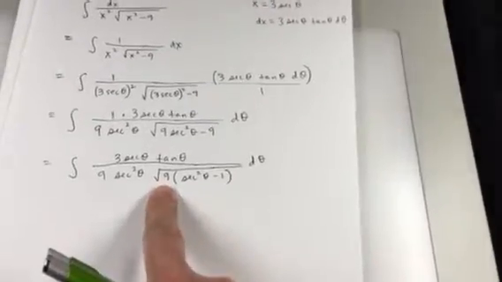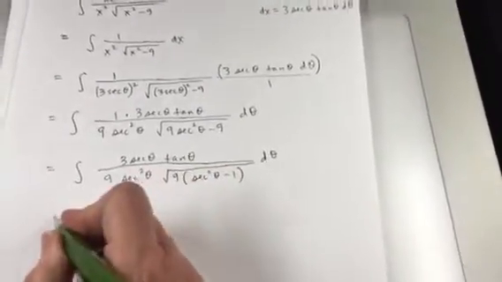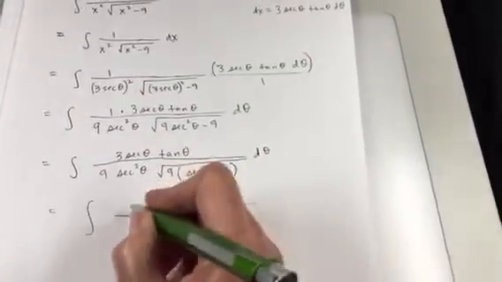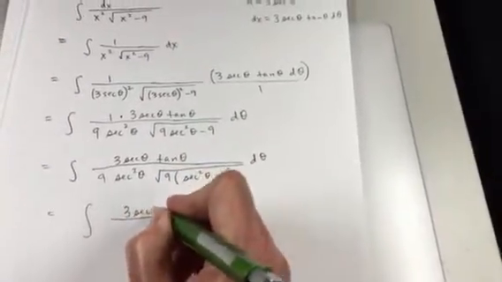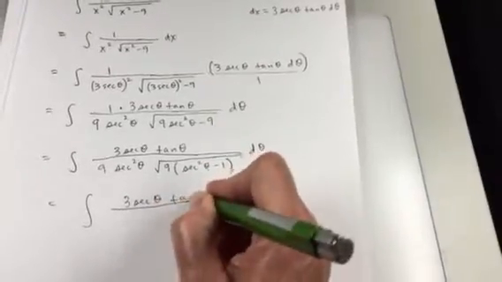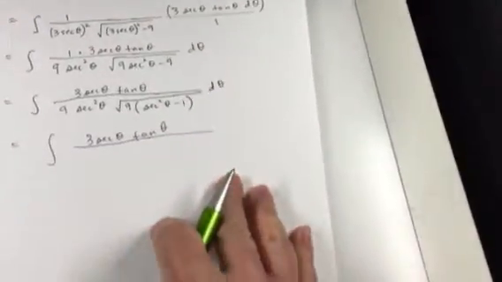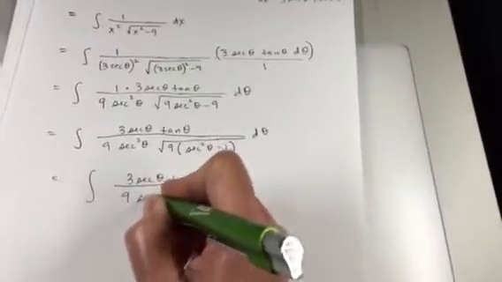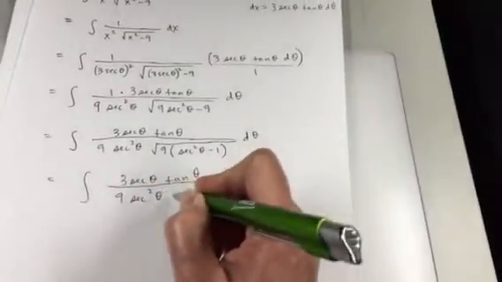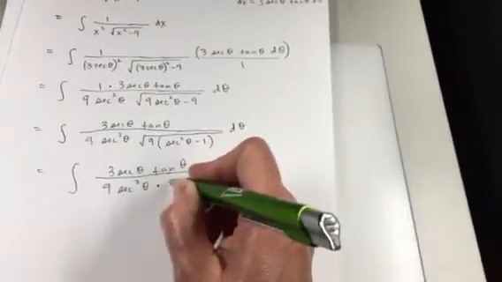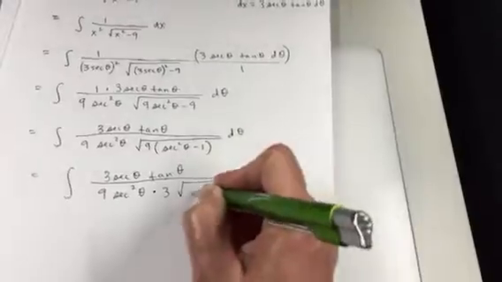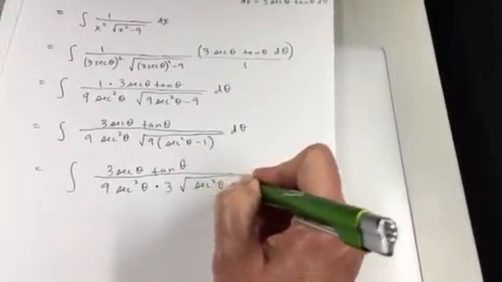Square root of 9 is 3. So 3 secant theta in the top times tangent theta, 9 secant squared theta in the bottom. I'm taking out the square root of 9, that's 3, and under the square root, I have secant squared theta minus 1 d theta.